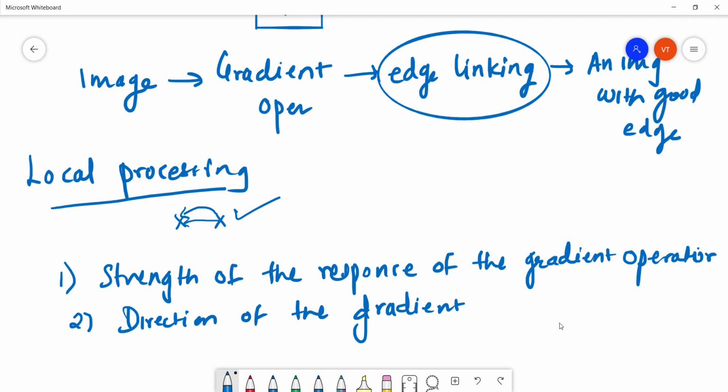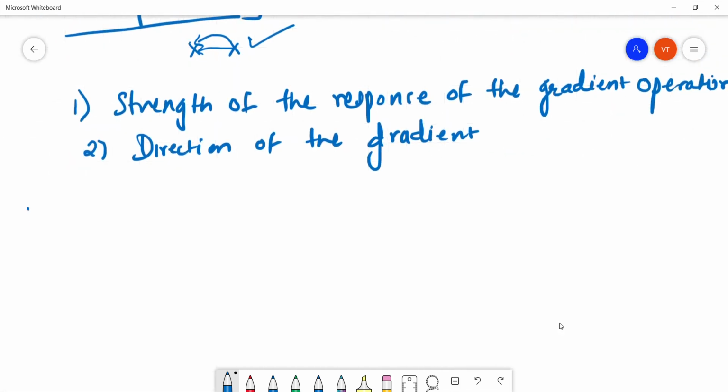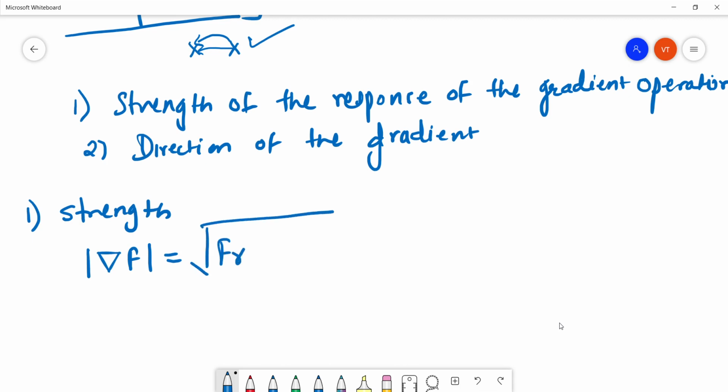So we'll see the first one. First one is the strength of the gradient. What we want to find out is whether the strength of the gradient of the next pixel is satisfying some predefined criteria. If it is true, then it is linked to the previous pixel. The strength of the gradient is given by this formula, square root of fx square plus fy square.